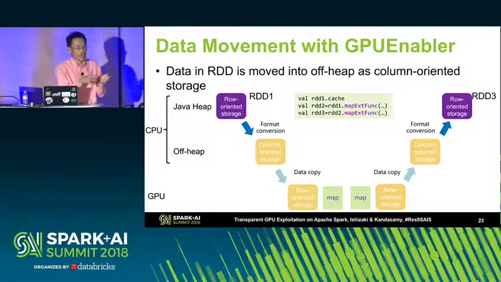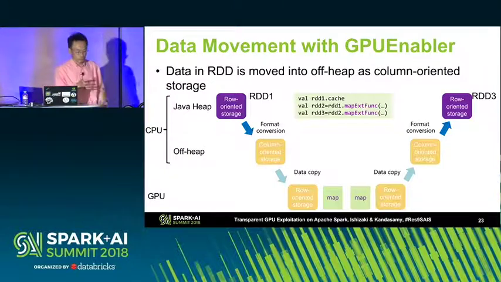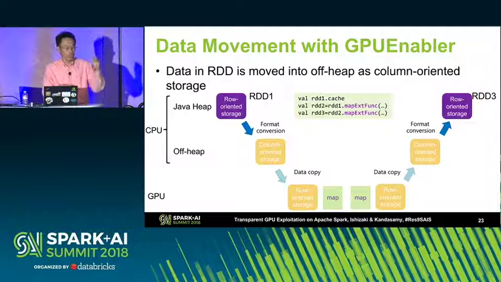This is because the current GPU driver supports the data transfer from the CPU off heap to GPU. So now, we assume the data exists in off heap with a column-oriented storage. Then GPU enabler copies the data from the CPU to GPU.